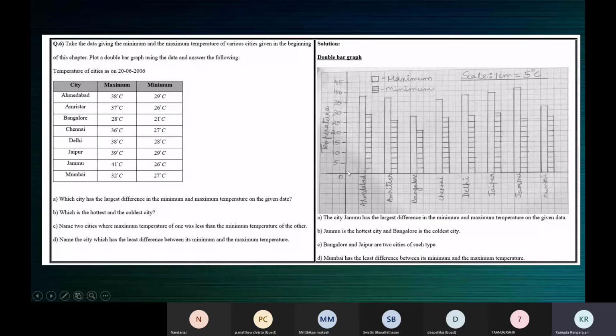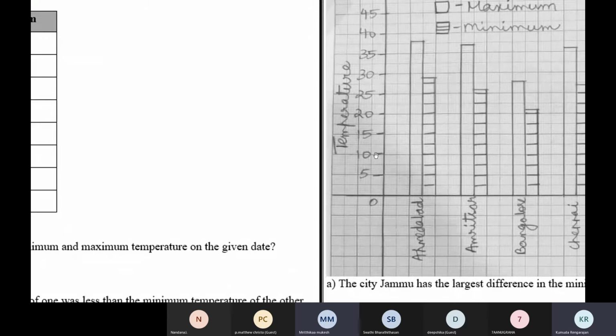Now, one of you tell me, how will you read each subdivision? Okay, let me ask Mritika again. Mritika, how will you read each subdivision? Ma'am, I have a doubt in that. Okay, shall I say?